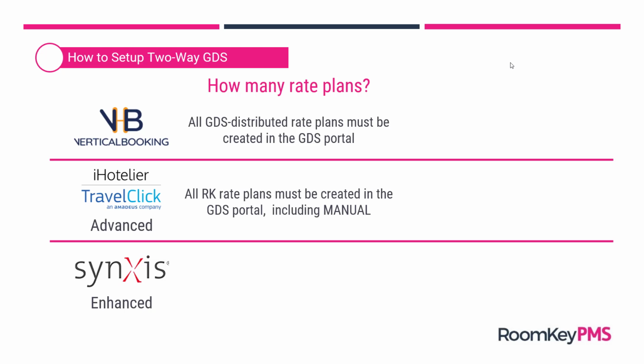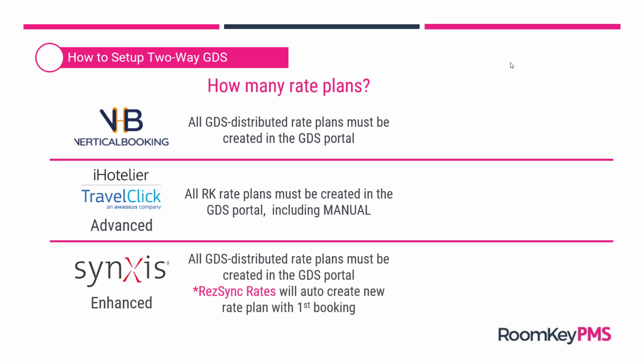Now for SynXis, there's a little bit of a twist with this one. Similar to vertical booking, you will create all GDS distributed rate plans in your GDS portal, but with the exception, SynXis has this tool called ResSync Rates, and this will actually automatically create a new rate plan with the first booking or first reservation.